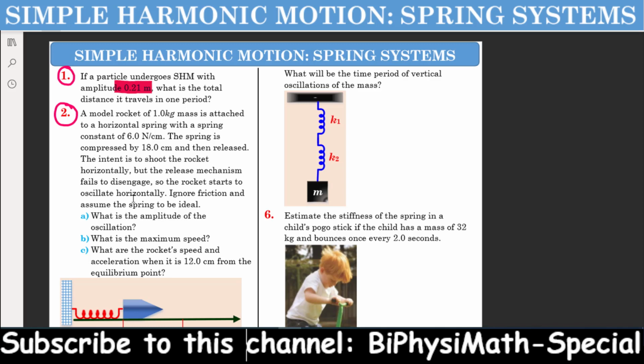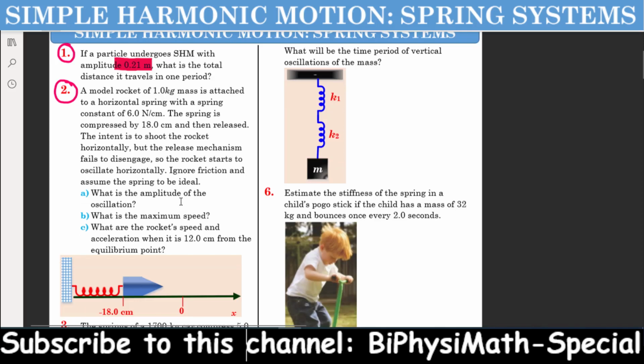The intent is to shoot the rocket horizontally, but the release mechanism fails to disengage, so the rocket starts to oscillate horizontally. Ignore friction and assume the spring to be ideal.